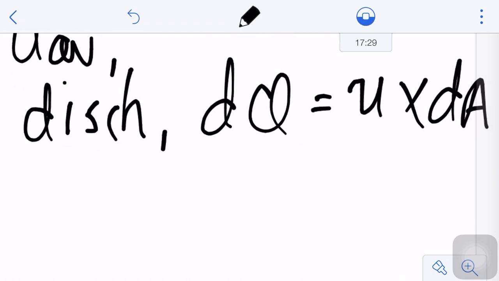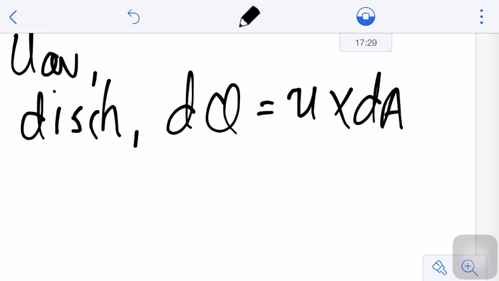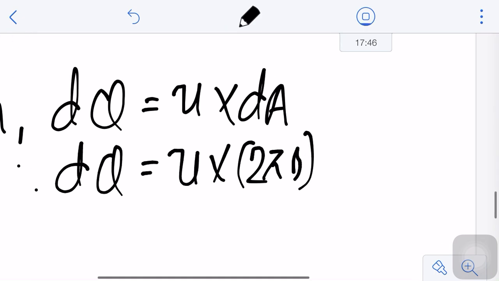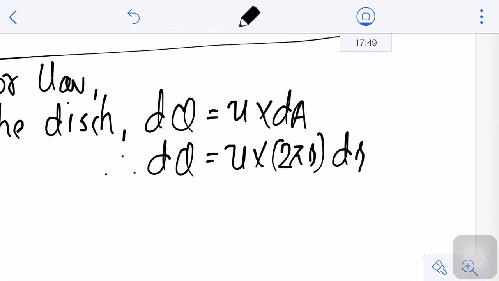This area is the area of the cylindrical ring we have considered. So we can further simplify this equation: dQ is equal to u into 2 pi r into dr, where dr is the thickness of this cylindrical ring.